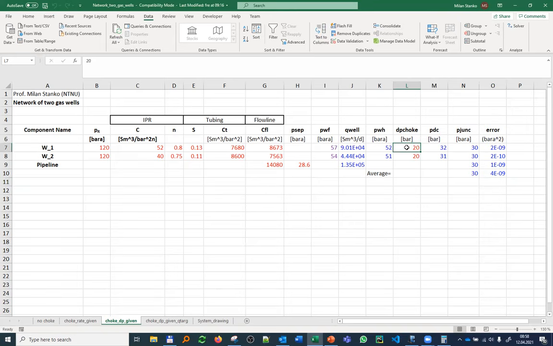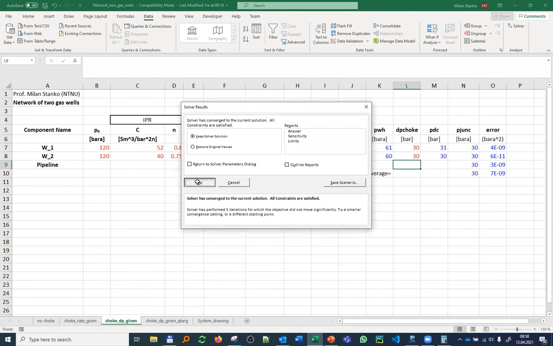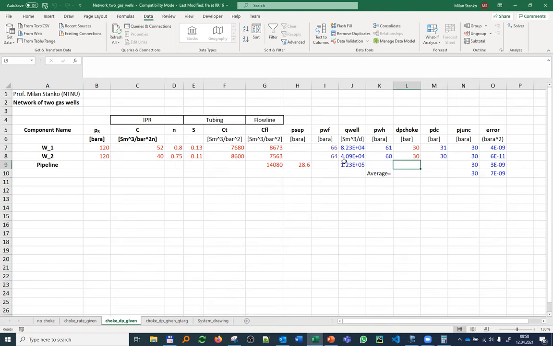If I change these numbers now, I choke a bit more. What will happen is that this rate should be going down. It should be reduced. Now you get 82,000 and you get 40,000.